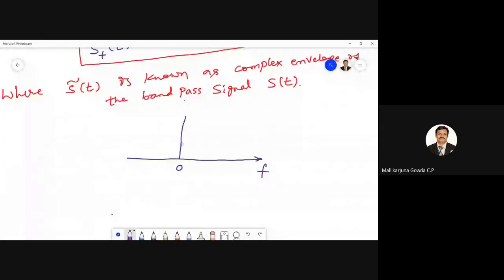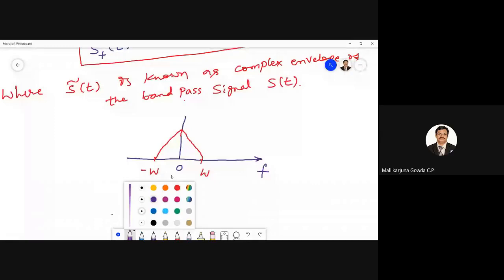This is with W and this is with minus W. So this is my S tilde of f, since it is in the frequency domain, the complex envelope of the bandpass signal.